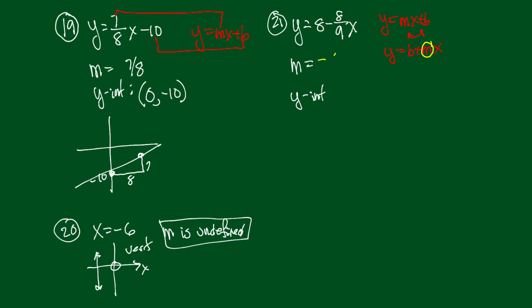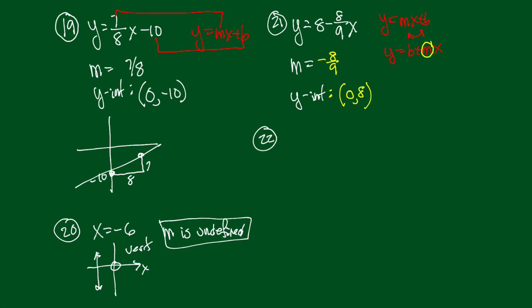So the slope is negative 8/9, and the y-intercept is the constant out here, which in our case is just 8. But it's an ordered pair, so the first component is 0, because we go out 0 on the x-axis and then up 8 on the y-axis.